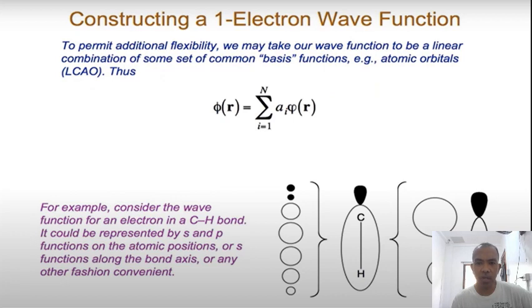The CH bond here might be derived from some linear combination of the carbon s orbital and a carbon p orbital, and a hydrogen s orbital, and maybe a hydrogen p orbital.